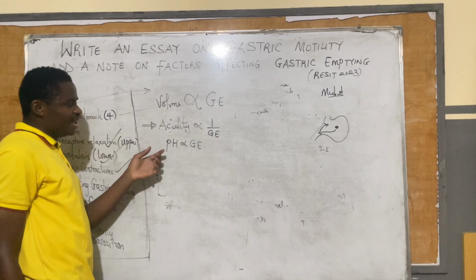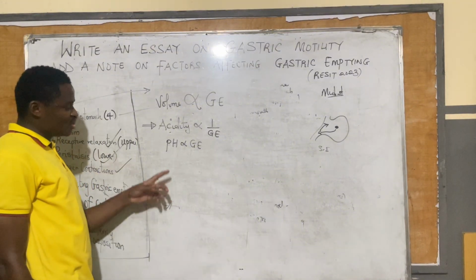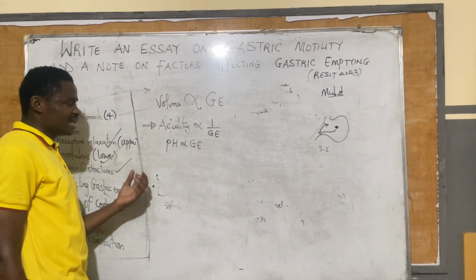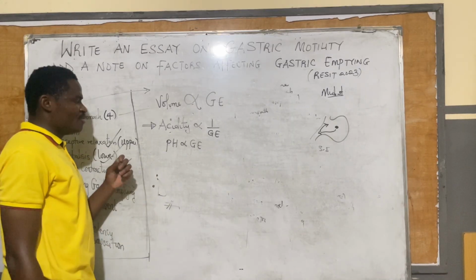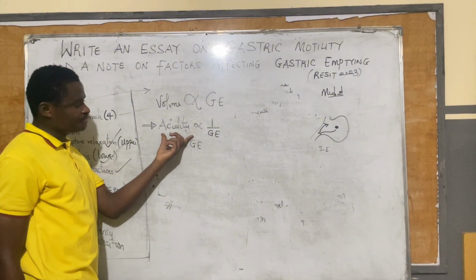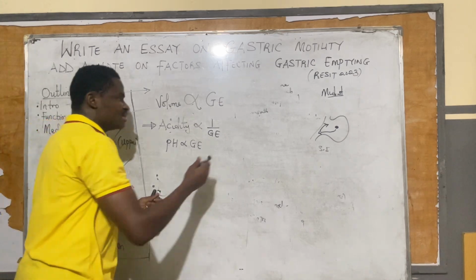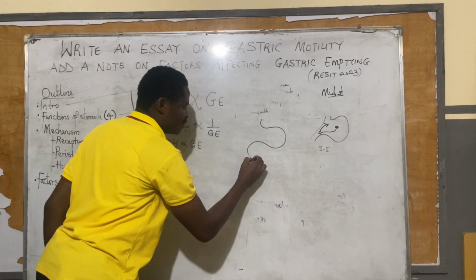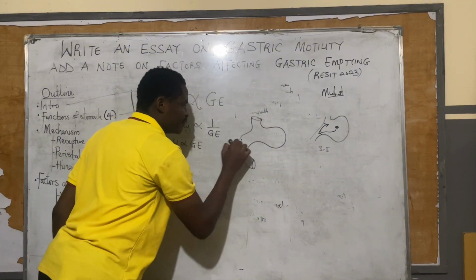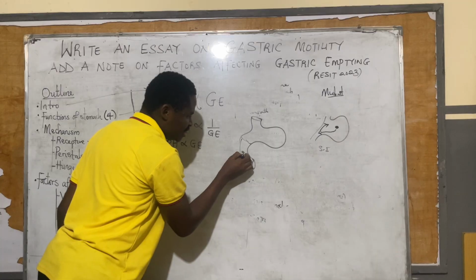As you increase pH towards alkalinity, that will cause an increase in gastric emptying because the duodenum, which is the small intestine, is alkaline in nature, and that will be best for that medium. But when there is an increase in acidity, pH has fallen. Increase in acidity means that food contents in the stomach will eventually need to meet the duodenum. Now, imagine a situation where we have our pylorus like this. Here is alkaline.